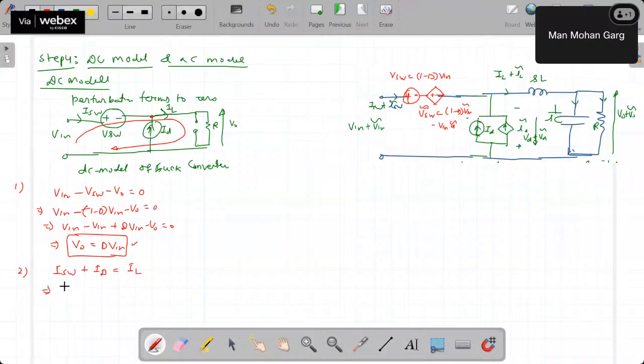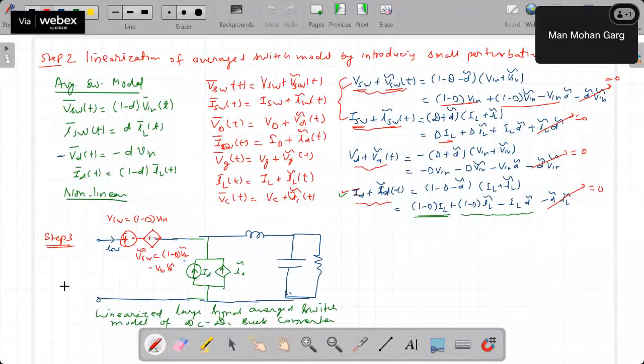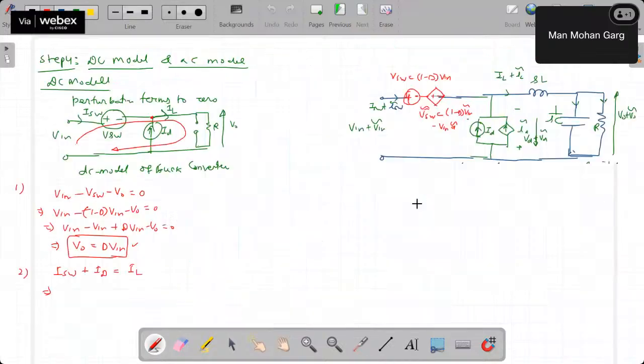You know I_SW is D into I_L and I_D is (1 minus D) I_L, so you can see that this equation is also matching. And directly we can see from here that I0 is equal to I_L in steady state. So this information we get from here.